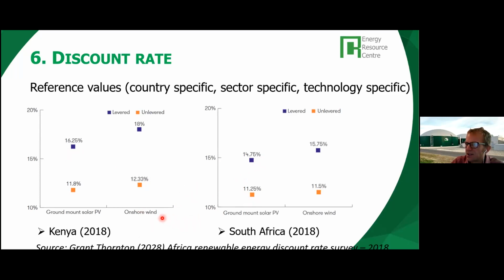And a similar thing for different technologies, whether that be onshore wind or ground-mounted solar PV, indicating that the perceived risk of solar is apparently somewhat lower than for onshore wind parks.